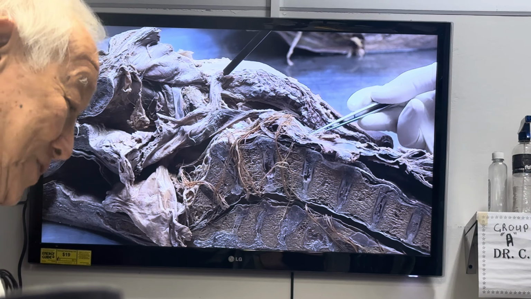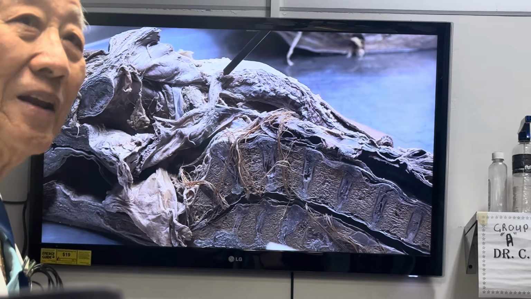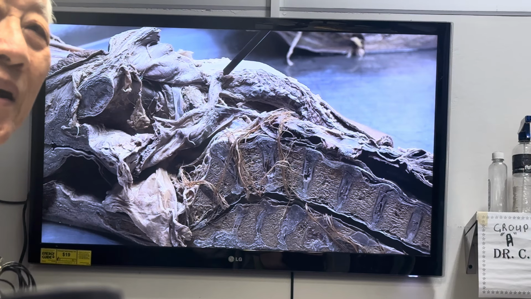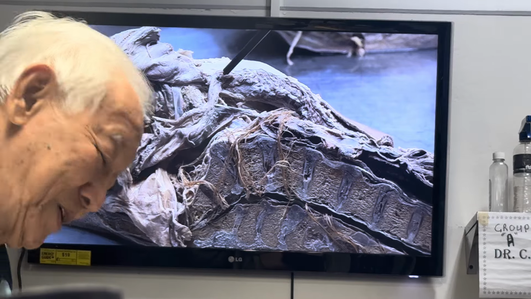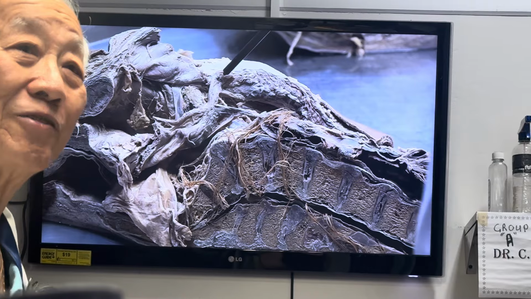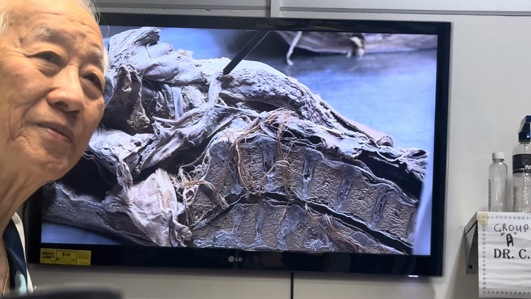On the left side of your body, your left ovarian vein will drain into what structure?